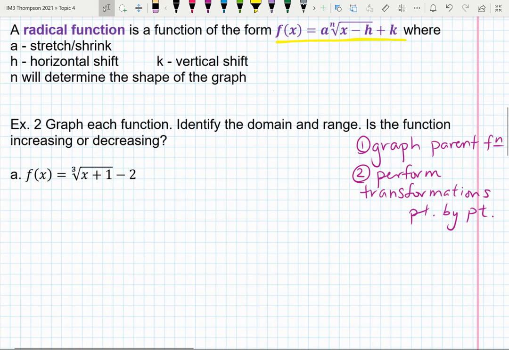So first thing to notice about problem A is it's a cubed root function. So I need to use the cubed root parent function as my base, as my home, as my point of reference.